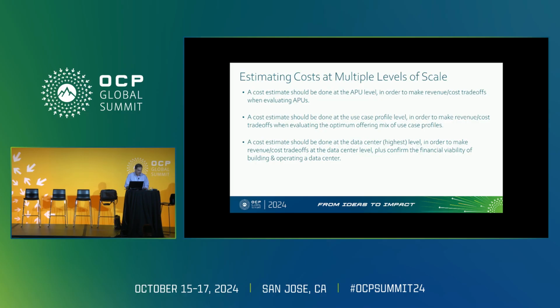For example, at the APU level, in order to make revenue cost trade-offs when evaluating APUs. At the use case profile level, to make revenue cost trade-offs when evaluating the optimum mix of use case profiles. And finally, at the data center, the highest level, in order to make revenue cost trade-offs at the data center level, plus confirm the financial viability of actually building and operating this data center.